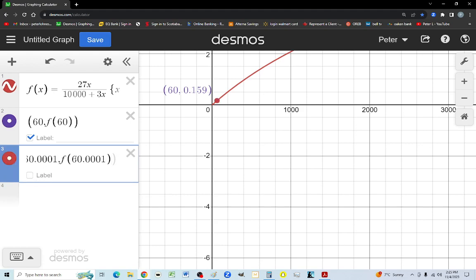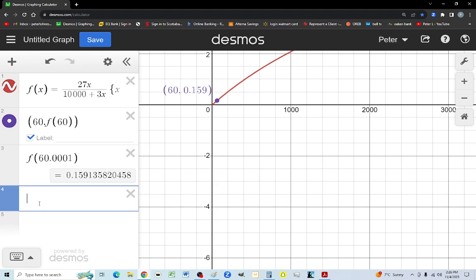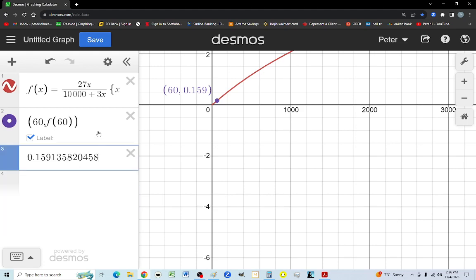And that's the point. Now we're not going to bother labeling it. But we are going to find what f of 60.1 is. It's that. So that means we're going to take that and subtract f of 60.